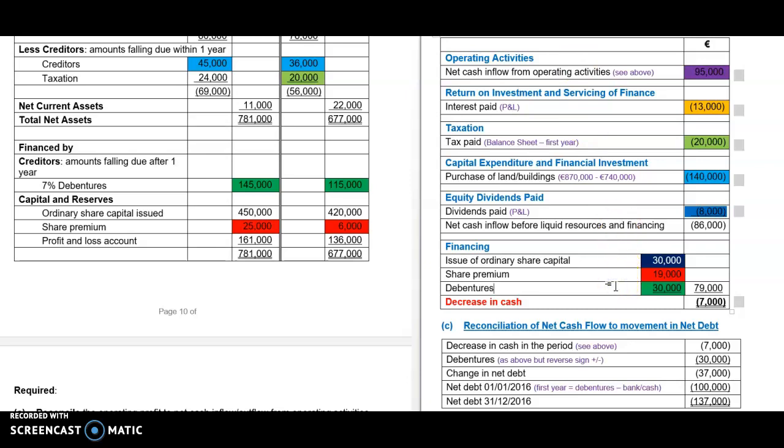It's an inflow of cash, so it's a plus. So how did I calculate that €79,000? I just added these three figures here. Our next calculation is either an increase or decrease in cash, and this particular question is a decrease. The reason being, minus €86,000 plus €79,000 gives you a minus €7,000.